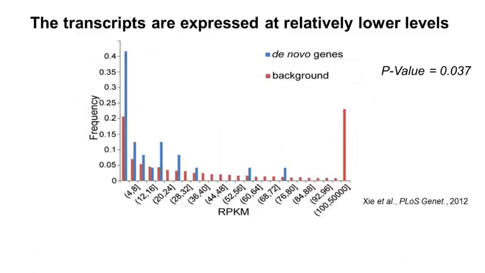We compared the expression level of the de novo new genes using RNA-Seq and found that it is generally lower than that of other protein coding genes in human.